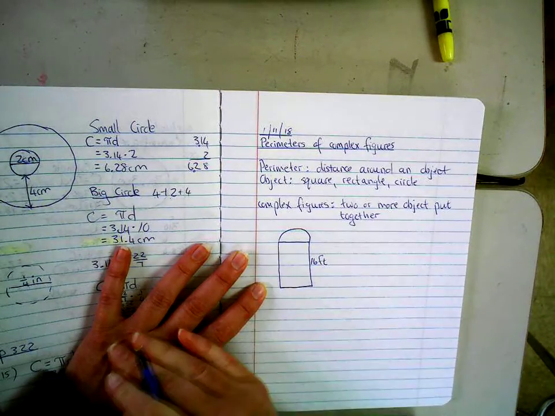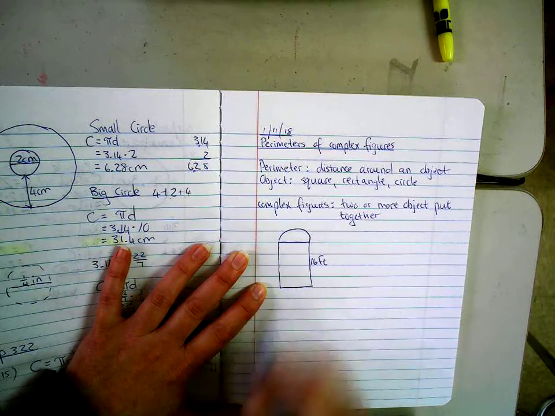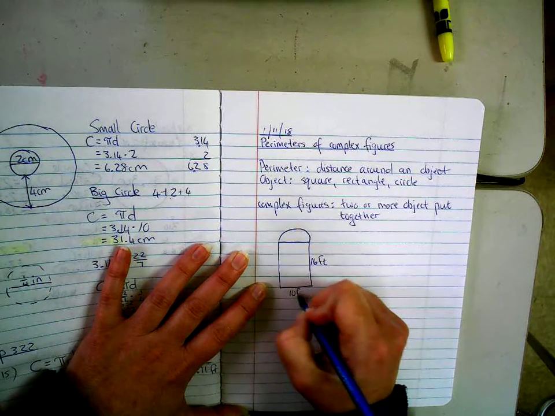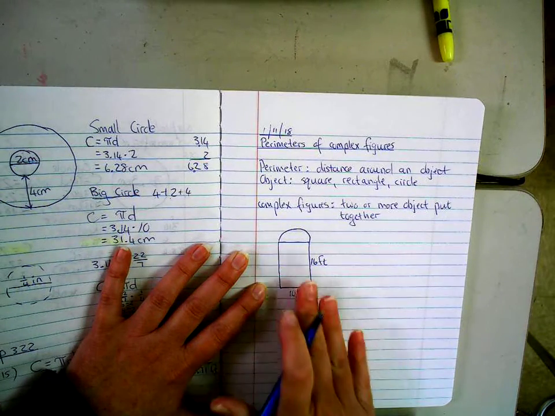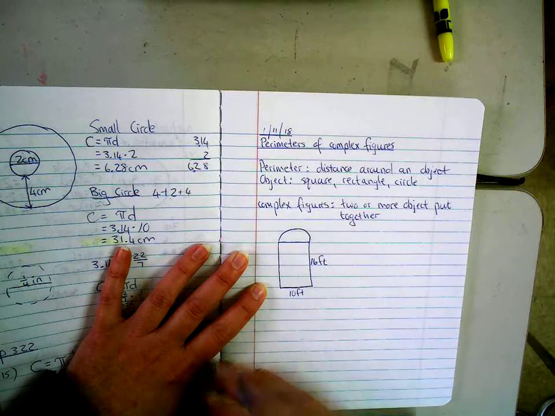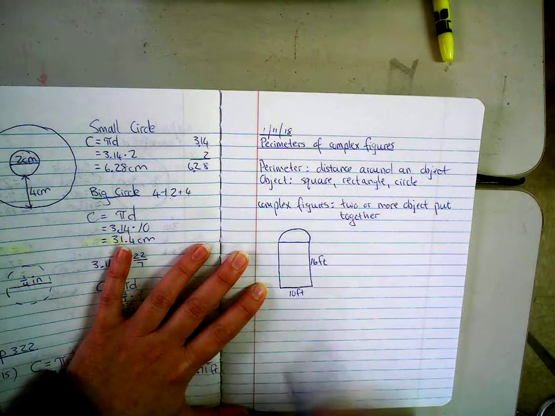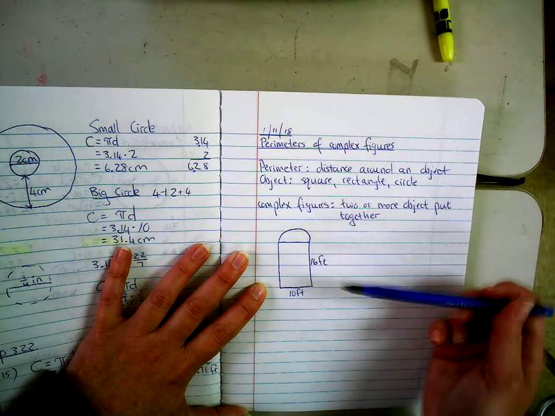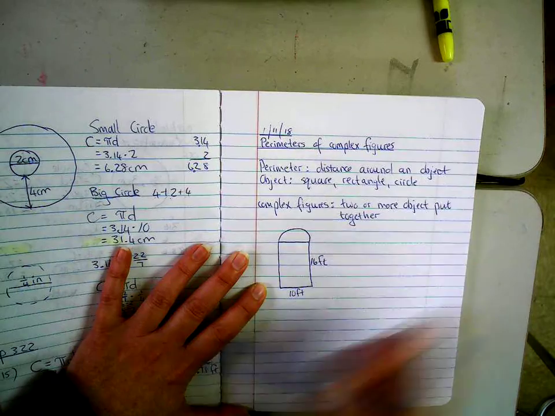That might be a wall that we find in the church, and the width here at the bottom is maybe 10 feet. Okay, now I can find the perimeter of this shape. First of all, we got to decide, what are we going to find the perimeter of? It seems like I'm going to have to find the perimeter of this wall and this semicircle.